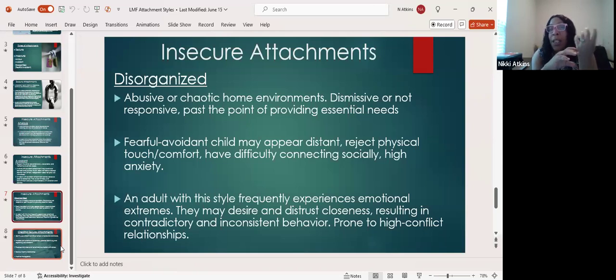So they may feel this is the way relationships are supposed to go. We're supposed to be at each other's throats, throwing things, fighting. Otherwise, how will I know that they love me? Because I'm fearful that they don't love me, but then I don't trust them because I can't trust anyone. So there's a lot of back and forth, inconsistent behavior, and behavior that contradicts what they may say.